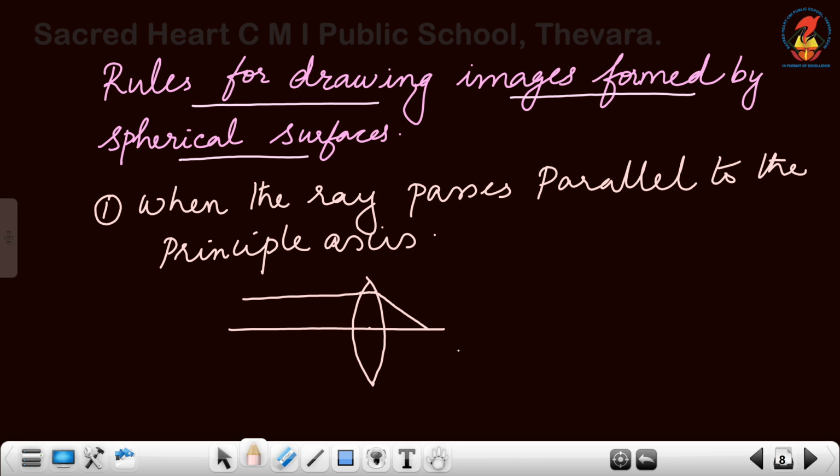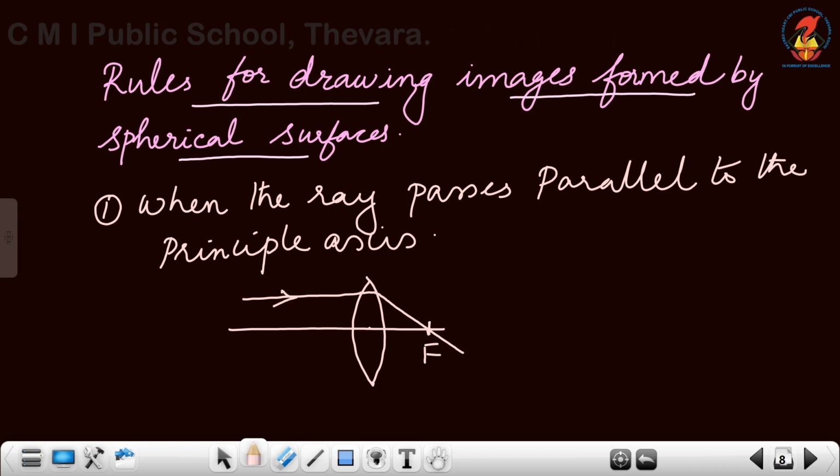After refraction it passes through the principal focus of the lens. So any ray which is passing through the lens parallel to the principal axis, after refraction passes through the principal focus of the lens.